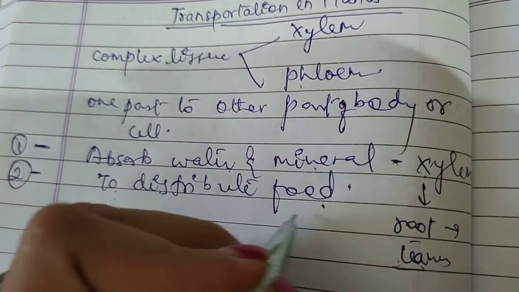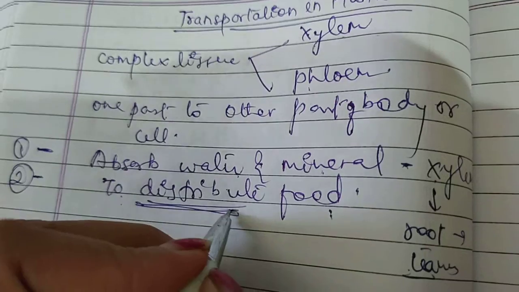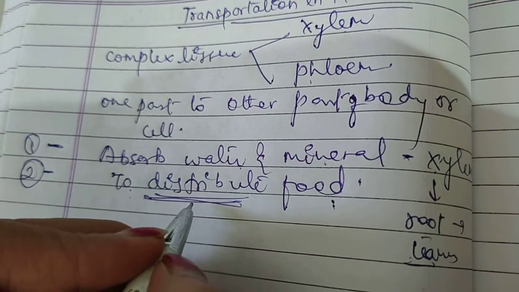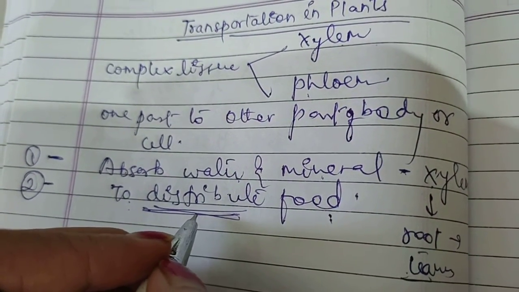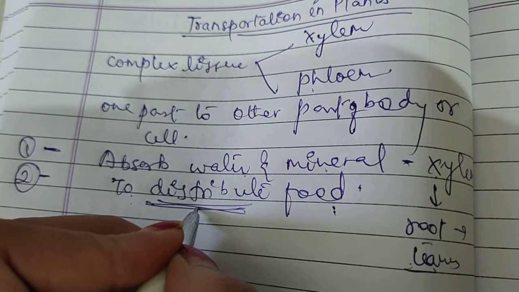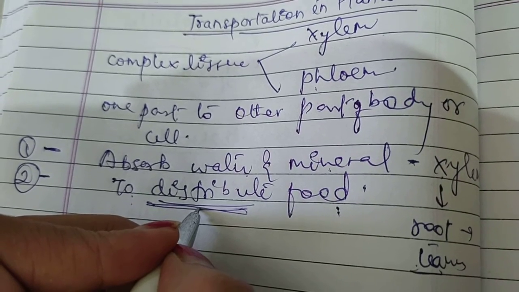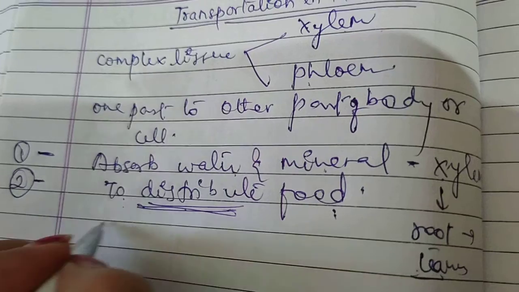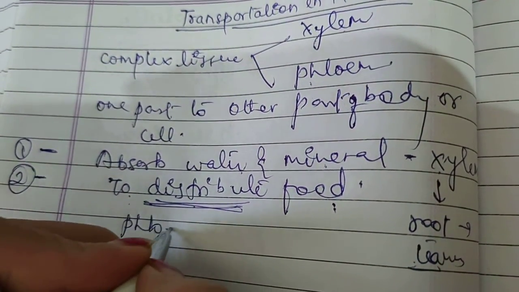And to distribute food, why is it written distribution? Because in leaves there is a process known as photosynthesis, in which they make their own food. Once the food gets ready, it should be distributed, and this distribution occurs by means of the tissue known as phloem.